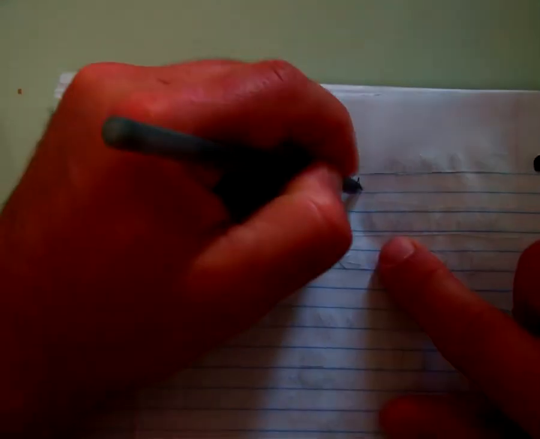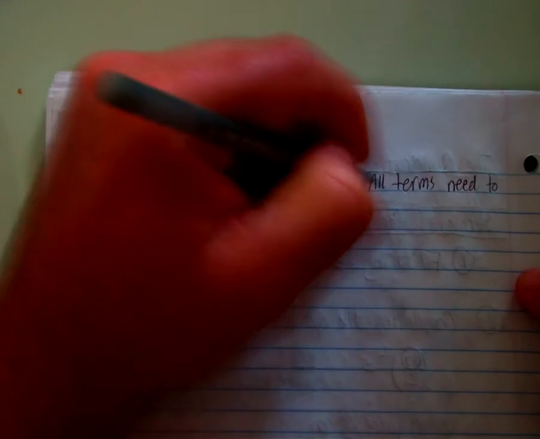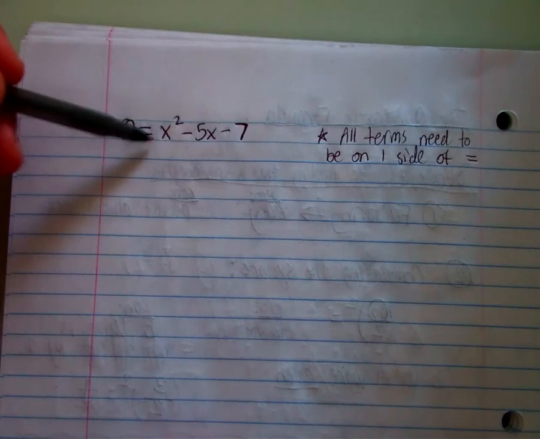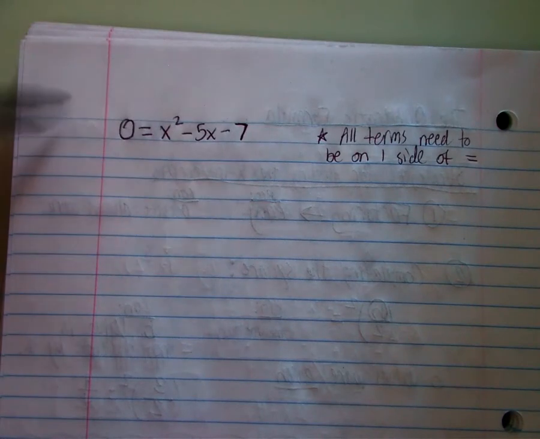In this particular case, the quadratic formula, all terms need to be on one side of the equal sign. So you either put all the terms on the right side, or if all of them were on the left side, that's fine. They just all need to be together. In this particular case, the x's and the numbers, they like each other.